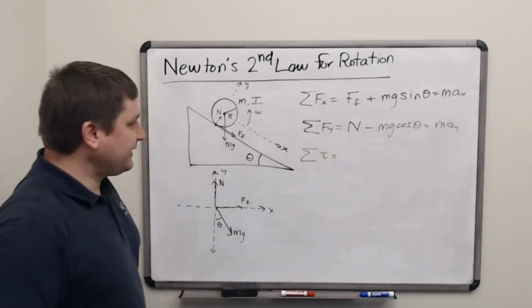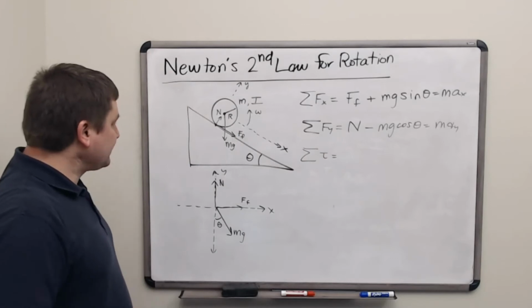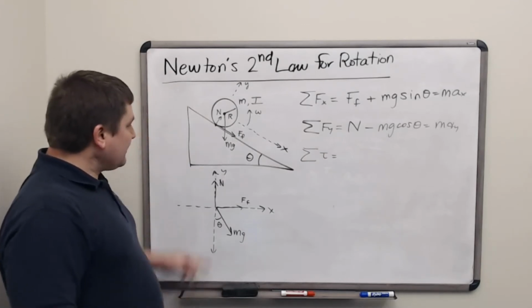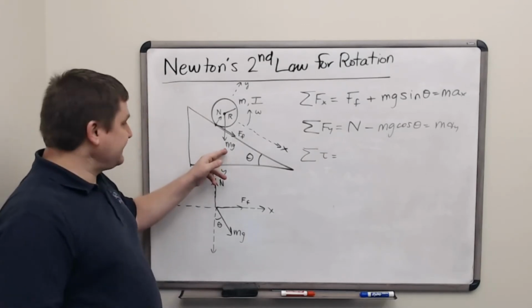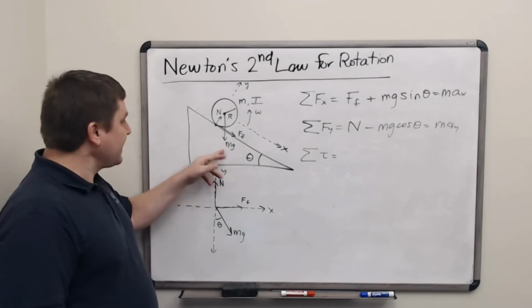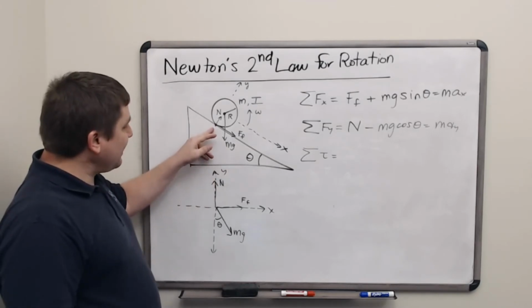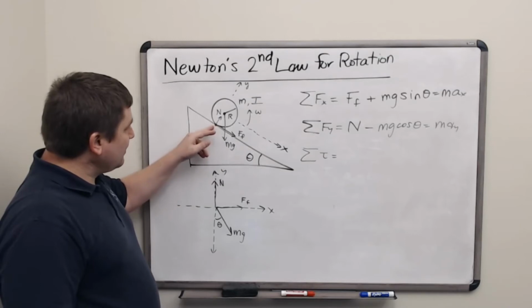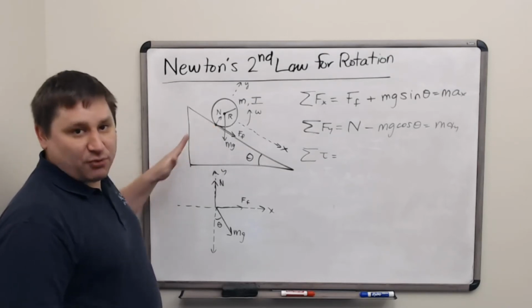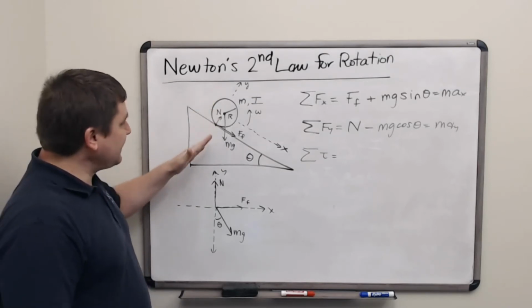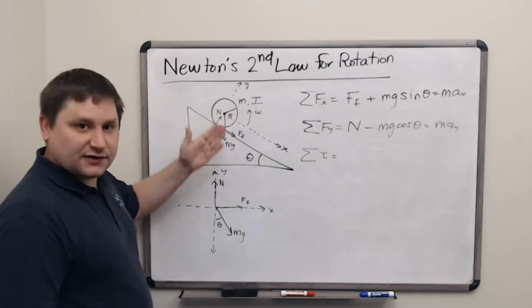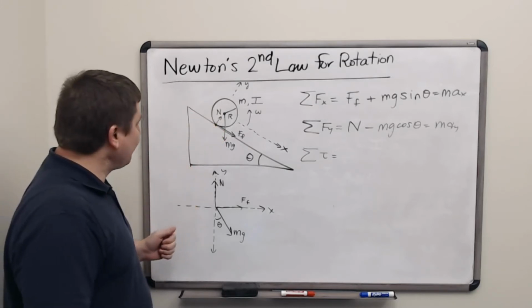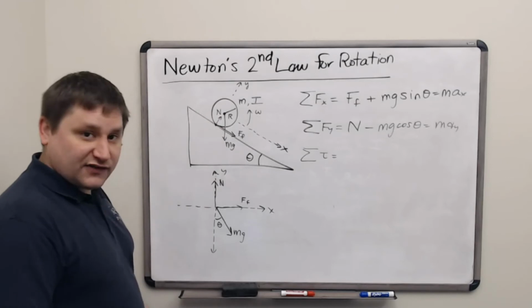All right, and lastly, our new ingredient, we have the sum of torques. Gravity acts on the center of mass, so it doesn't cause a torque. Normal force acts at a point on the radius, but it always points inwards, towards the center of the circle because it's perpendicular to the circumference. So the normal force also causes no torque.